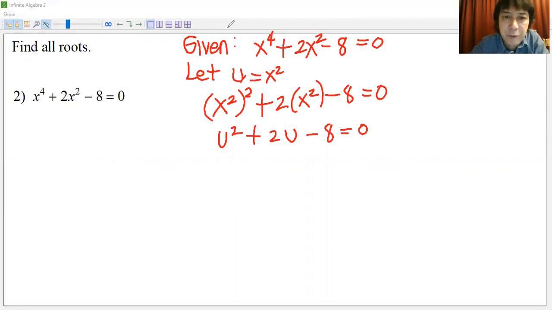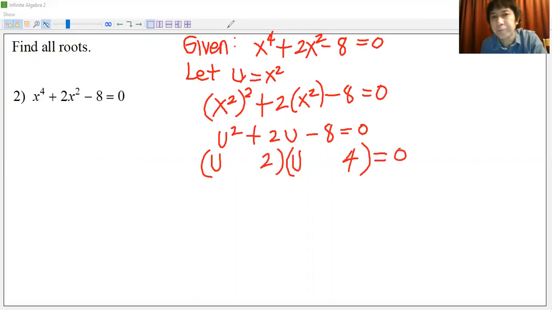We will have the two groups: u and u, and 4 and 2. The middle term is positive, so we will make the higher positive and the smaller negative. Okay, this is factoring, getting the factors of the quadratic expression.